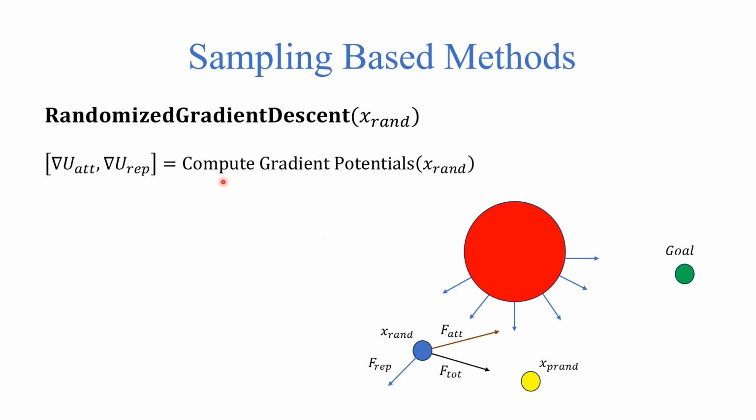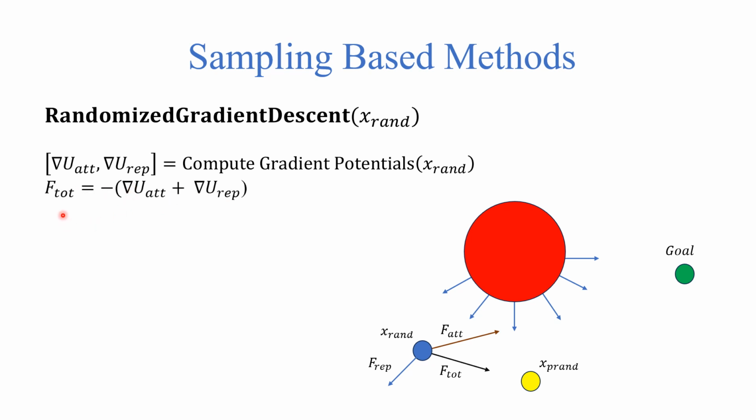First of all, we're going to use a function which computes the gradient potentials at the current point, which is X rand. Now the type of potentials that we're going to use can actually be varied a lot. I'm going to just put a reference in the description box to the type of possible potentials that we could have used. Now this will give us two gradients, the attractive and the repulsive.